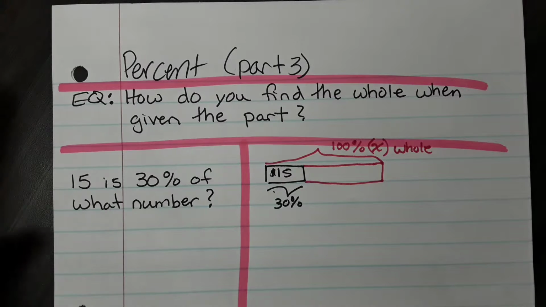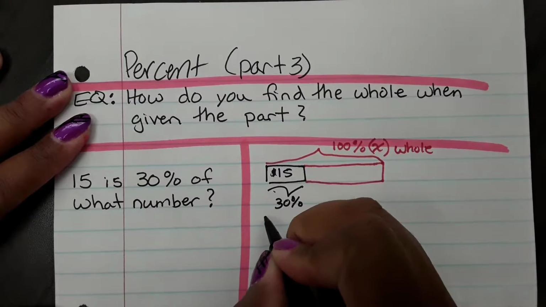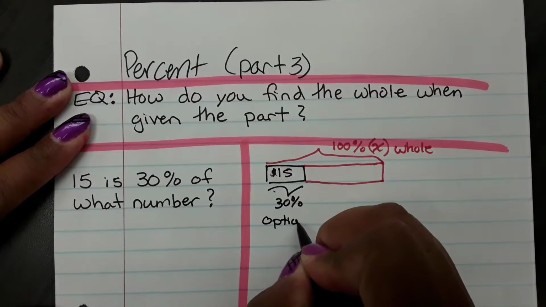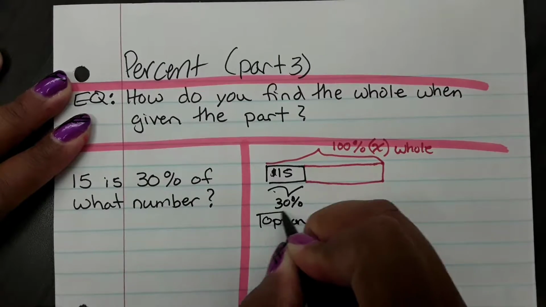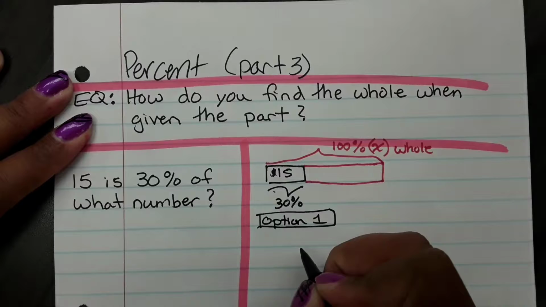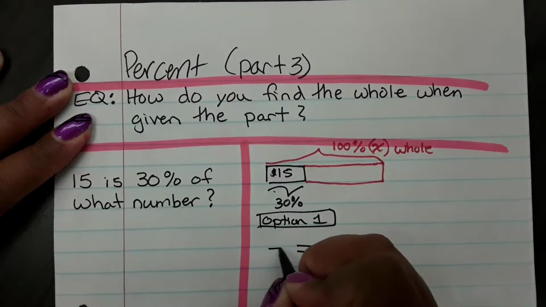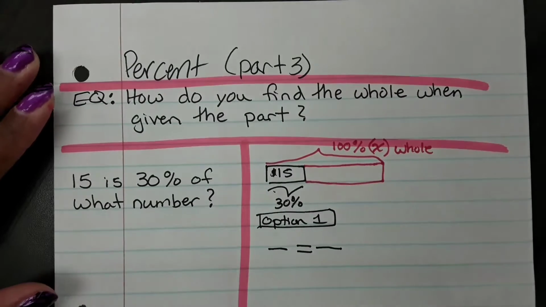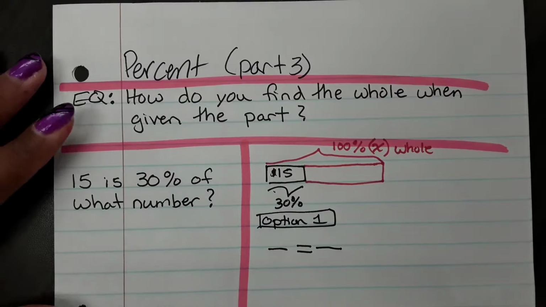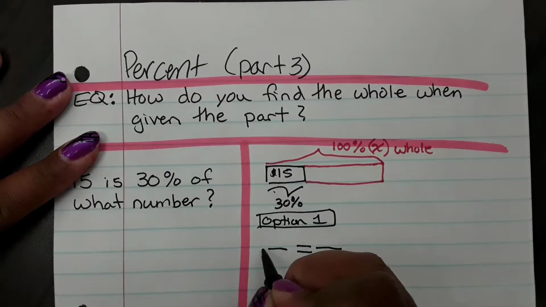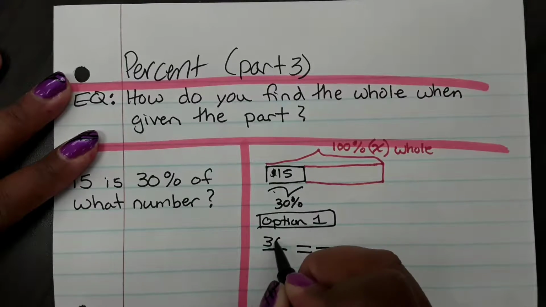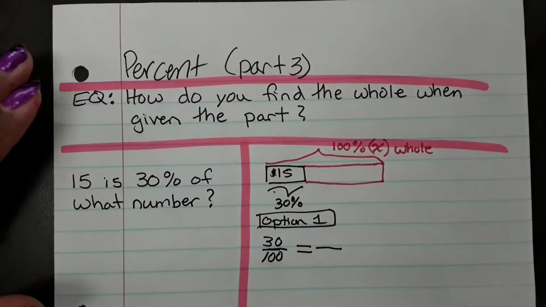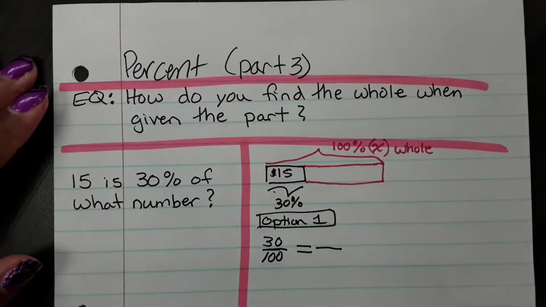To do this, we have two options to solve the problem. Option one, like we did before, is to write a proportion. A proportion is simply two ratios that are set as being equal to each other. One of the ratios is our percent, which is 30 out of 100, because we know percent is parts per 100.